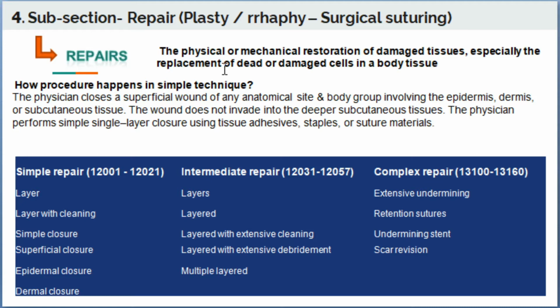The wound does not invade into deeper subcutaneous tissue. The material he will use for closing the wound is tissue adhesives, staples or suture materials. So this is about simple repair. In the simple repair, you just need to remember that deeper subcutaneous tissues are not involved.